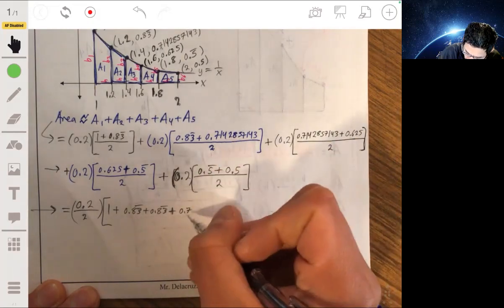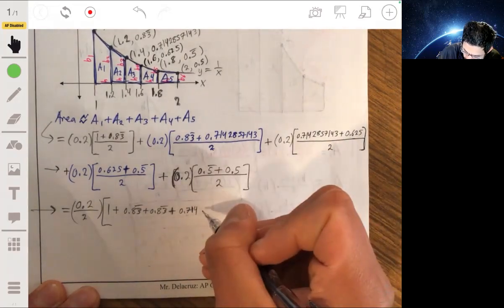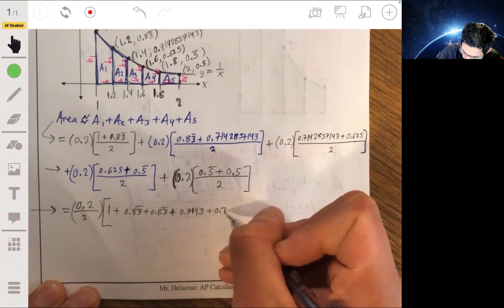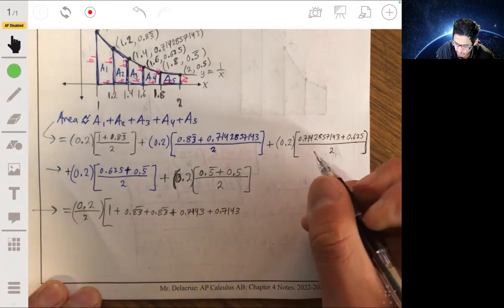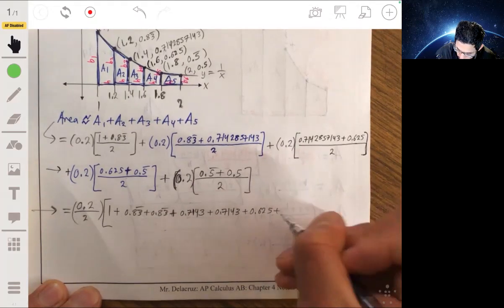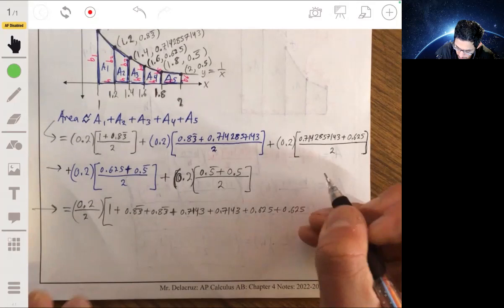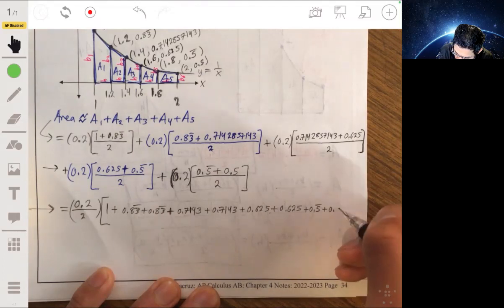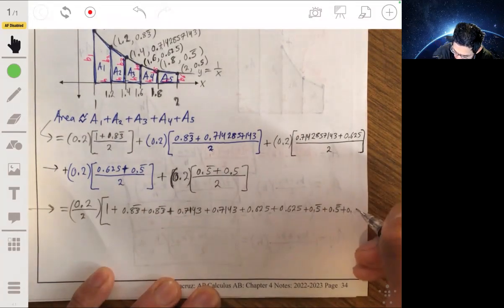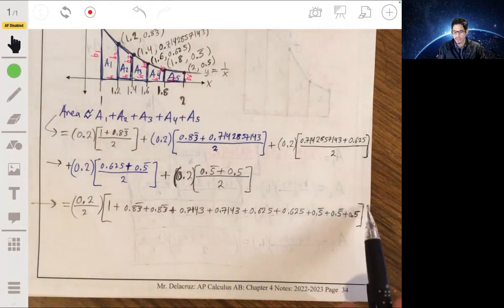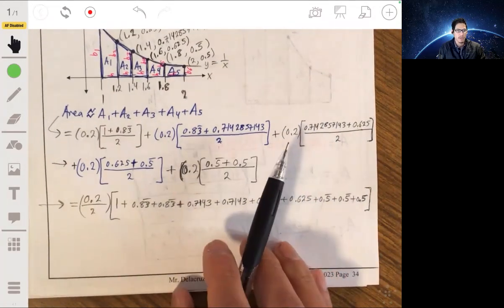I'm just going to do an approximation here and fit it all in one line. That's what I get excited about, being able to do math in one line. I'm a math teacher, that's what I do.